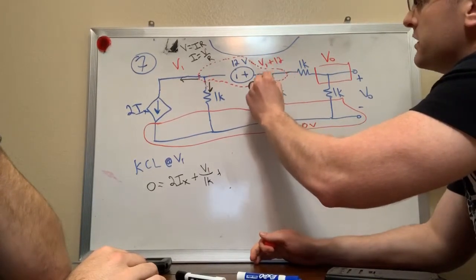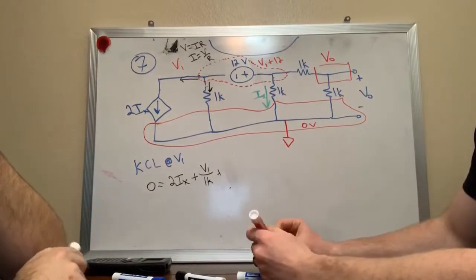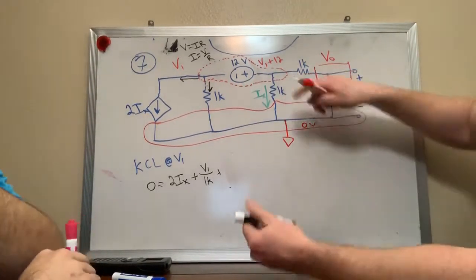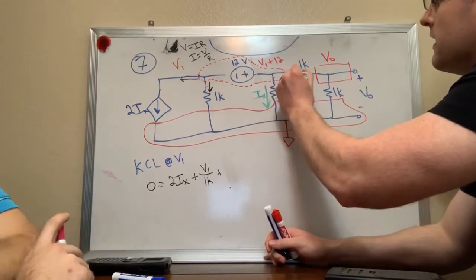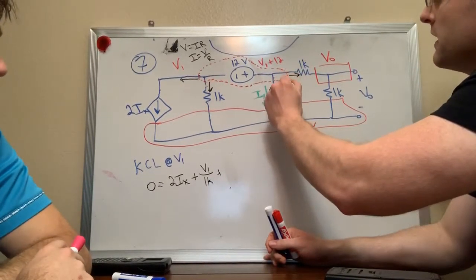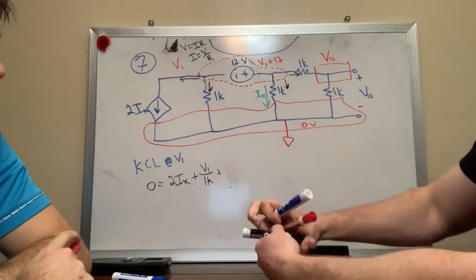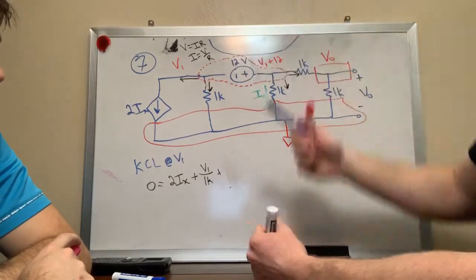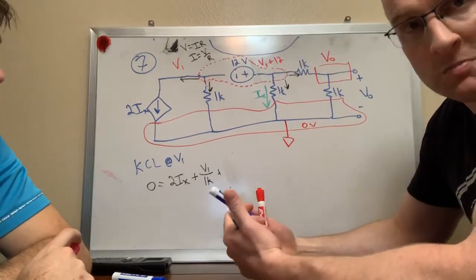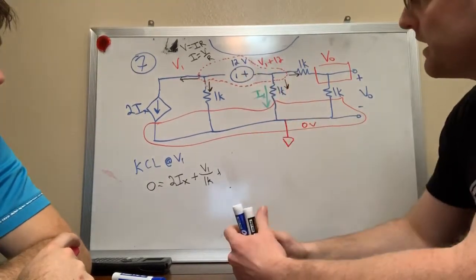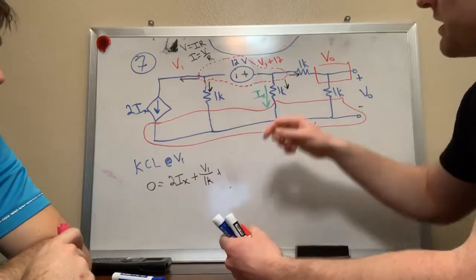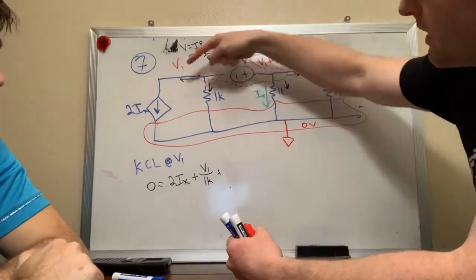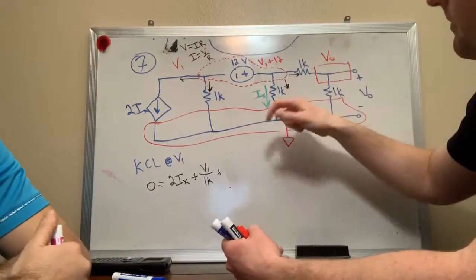I'm going to include the junctions, right? And I'm going to draw current leaving over here to the right, and current leaving over here going down, okay? So this blob right here represents one node, and it's a supernode because it contains an independent source in there. And four currents are leaving the node: left, down, down, right, okay?